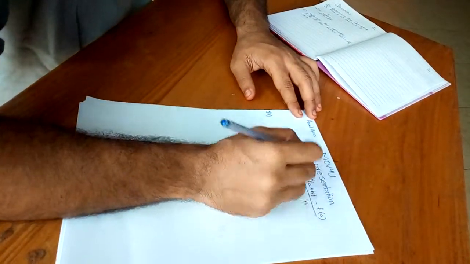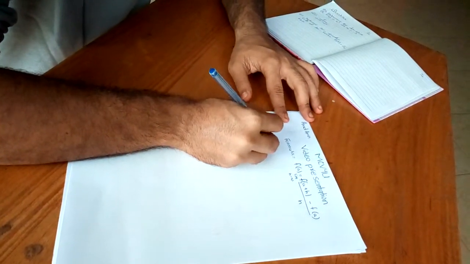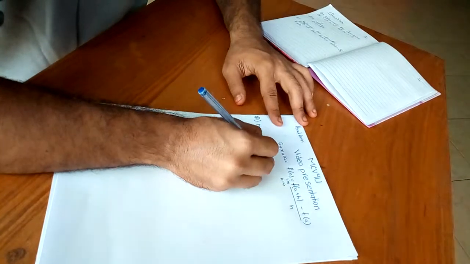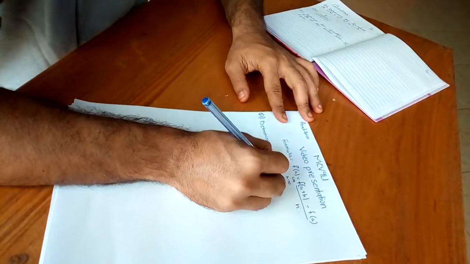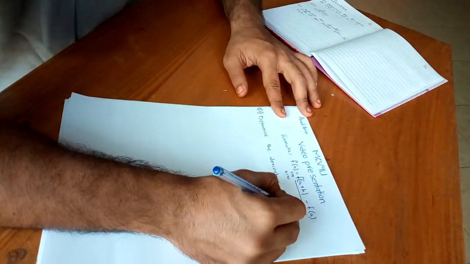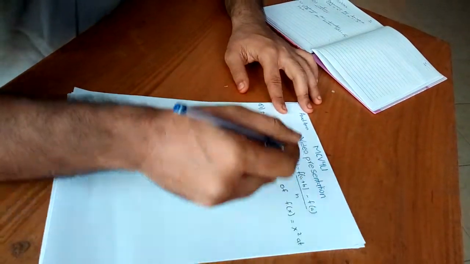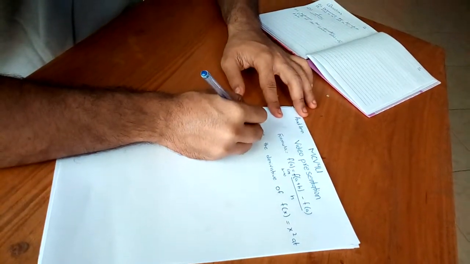But the first question, as you have seen here, is: determine the derivative of f(x) equals x square at negative 3.